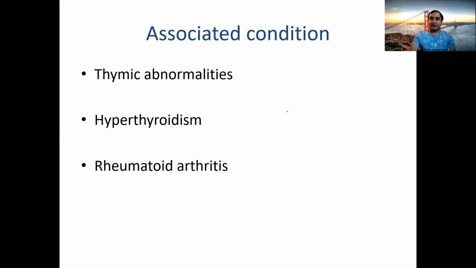So, till now, what we have discussed about myasthenia gravis is that it is a disease of the neuromuscular junction, and it usually affects the skeletal muscle. Pathophysiologically, there is formation of anti-acetylcholine receptor antibodies which damage the acetylcholine receptor, so that acetylcholine can't act properly.